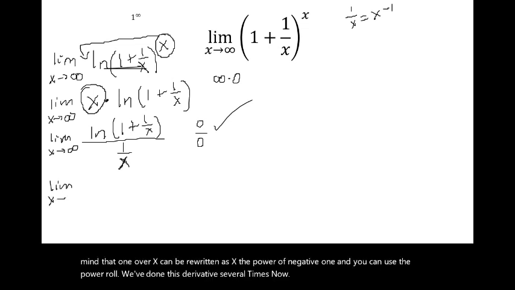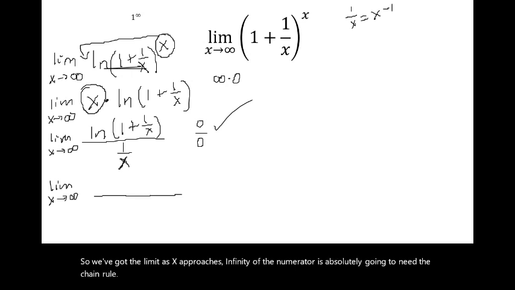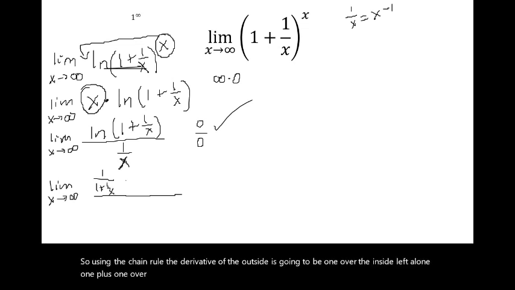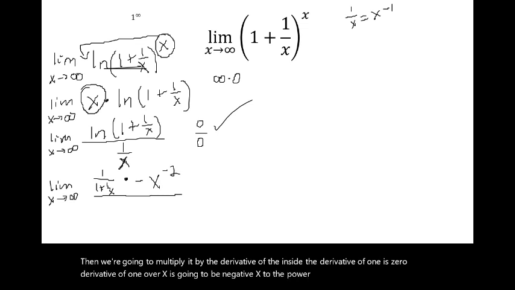So we've got the limit as x approaches infinity, and the numerator is absolutely going to need the chain rule. So using the chain rule, the derivative of the outside is going to be 1 over the inside left alone, 1 plus 1 over x. Then we're going to multiply it by the derivative of the inside. So the derivative of 1 is 0. The derivative of 1 over x is going to be negative x to the power of negative 2.